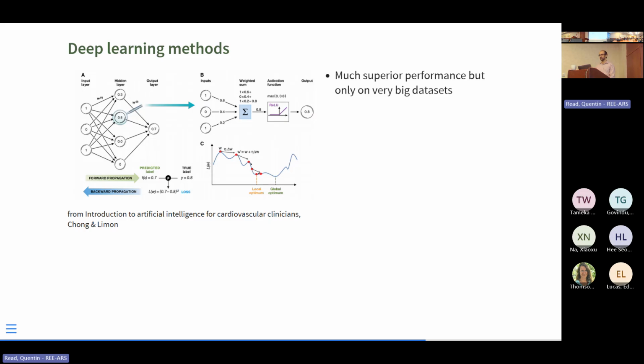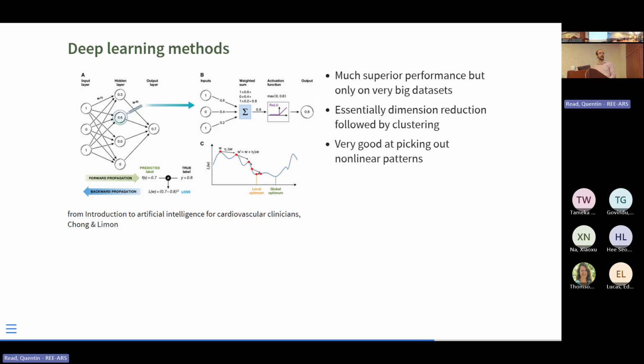So, maybe for single cell, it could be useful. Basically, what some of these deep learning methods do is dimension reduction, something like PCA, trying to pull out a small number of dimensions to capture most of the information, followed by clustering, trying to find patterns in the reduced dimension data set or groups of samples that are more similar to each other.